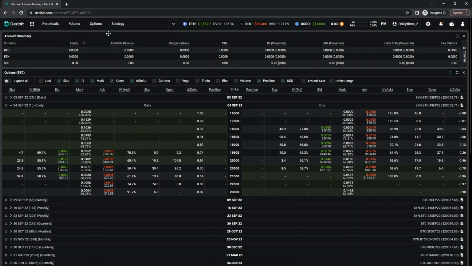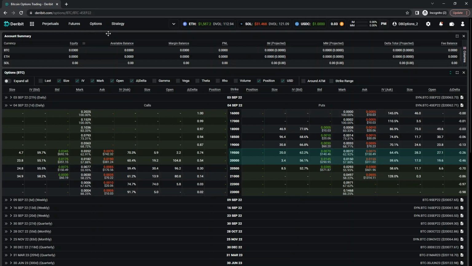This is the option chain for Bitcoin, and we are looking at the options that expire on September 4th. We can find the put options that expire in about 2 days listed on the right. We like the look of the 20,000, 19,500 bear put spread, which means we want to purchase the $20,000 strike put and sell the $19,500 strike put.